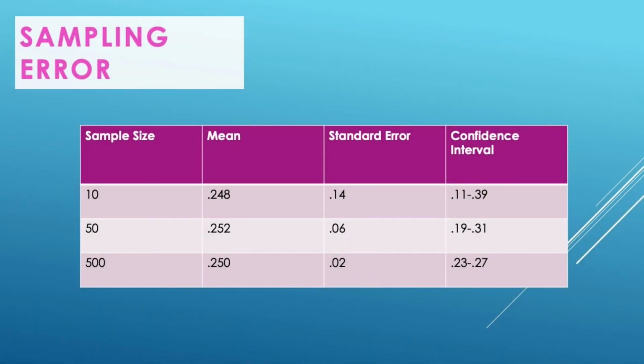Again, we will get into the math behind this in the coming weeks, but as our sample size increases from 10 to 50 to 500, we gain more confidence in those results. You're probably very familiar with margins of error or standard error or sampling error when looking at a public opinion poll.